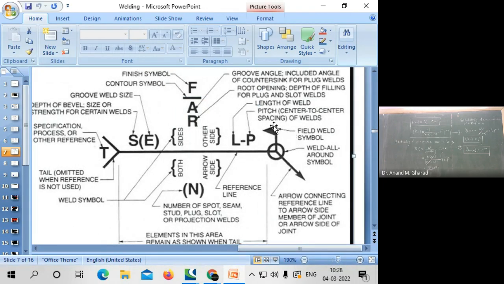So this is field weld symbol. This is weld all around symbol. This is the arrow connecting the reference line to arrow side member of the joint or arrow side of joint.